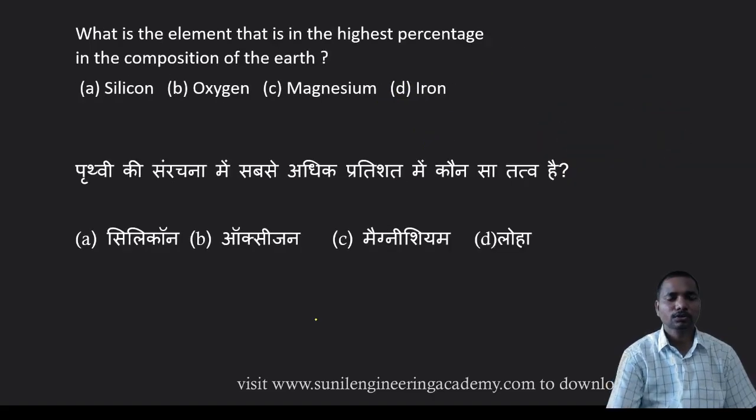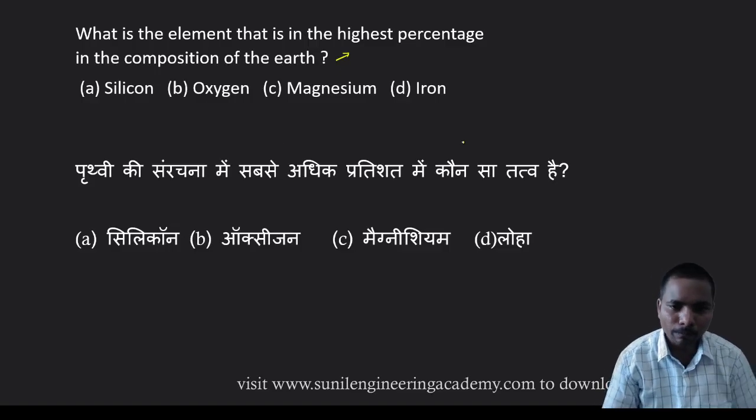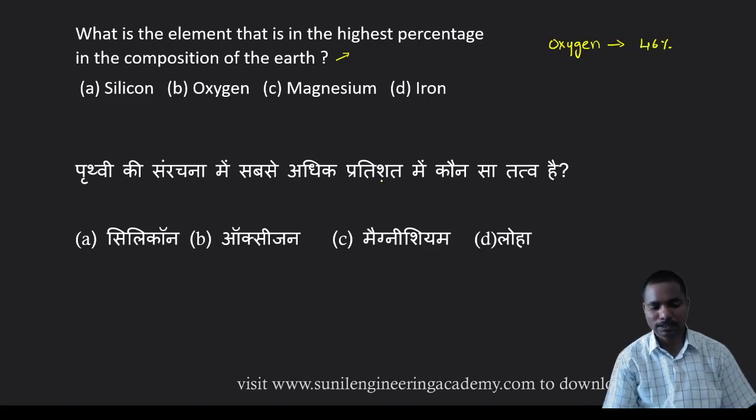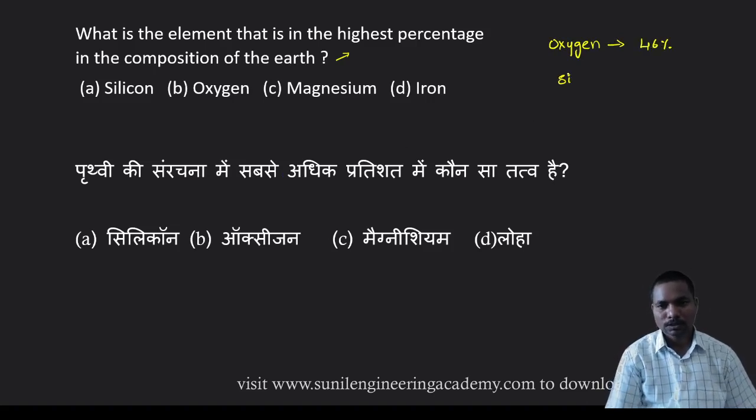Coming to the next question. What is the element in the highest percentage in the composition of the earth? In the earth's composition also the highest percentage is oxygen, approximately 46 percentage. Then silicon, approximately 28 percentage.